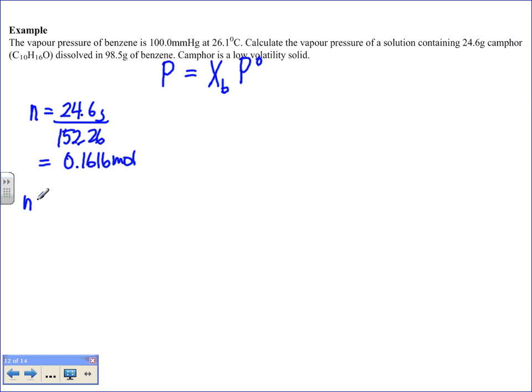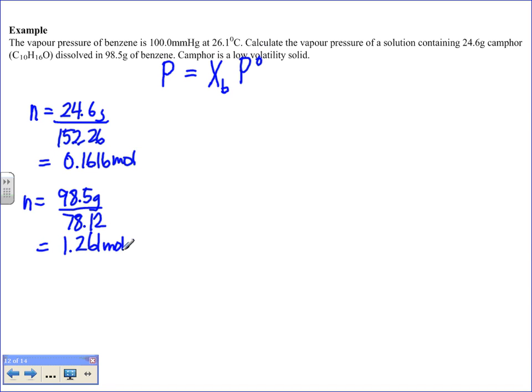Okay, and we need the moles of benzene, the moles we have is 1.261 moles.